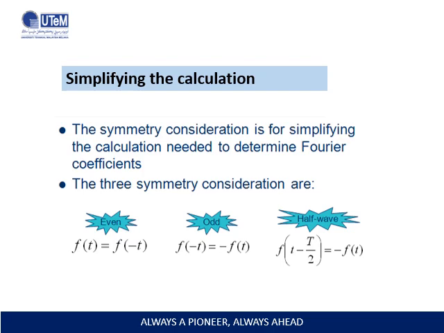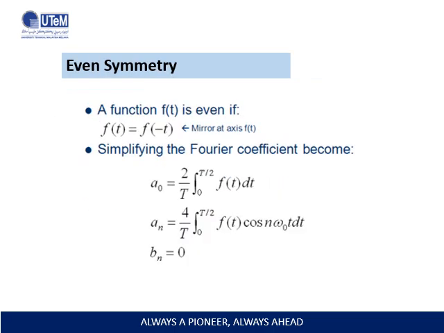So you don't need to calculate all of the coefficients. If you get odd symmetry, your a naught and a_n are equal to 0, so you just have to calculate b_n. This is the even symmetry I explained to you. It's a mirror at the y-axis, and you can look at the formula for even symmetry.